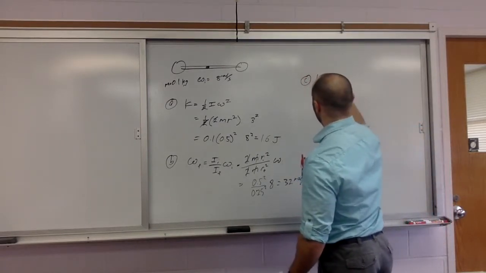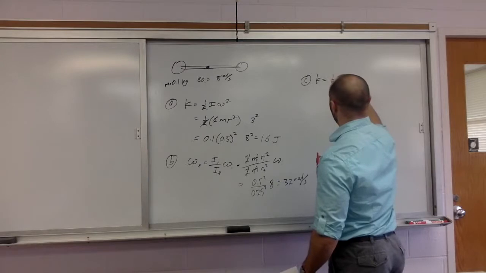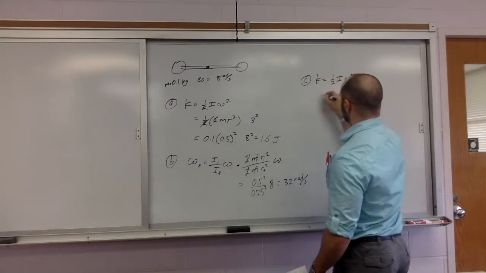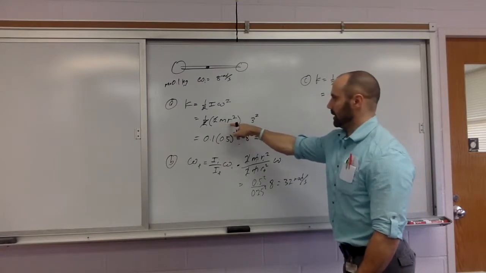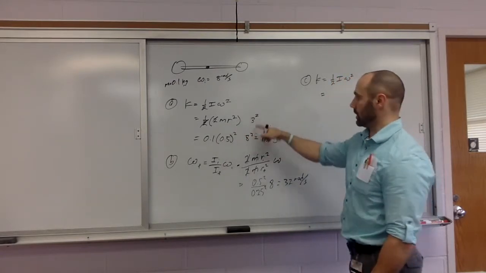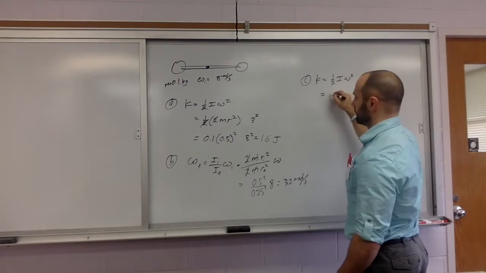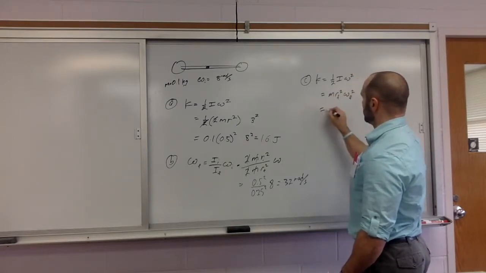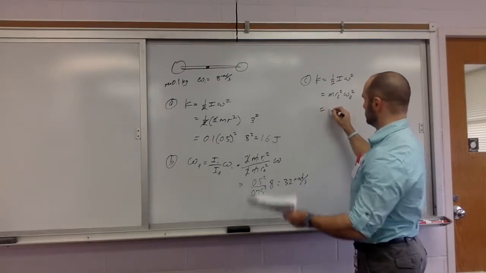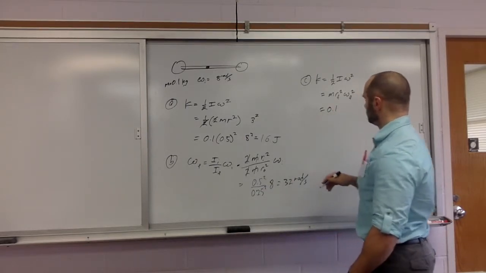Now I want to know what's the final kinetic energy. K is 1/2 I omega squared. And so that's going to take this same form and end up being m, the new r squared times the new angular speed, so m rf squared omega f squared. M is still 0.1.